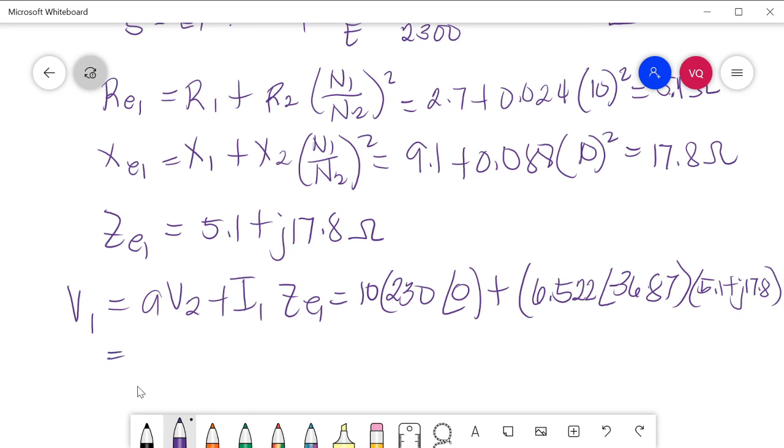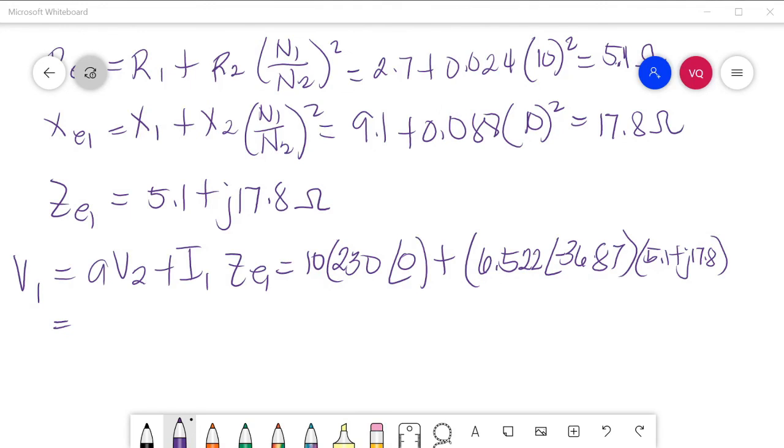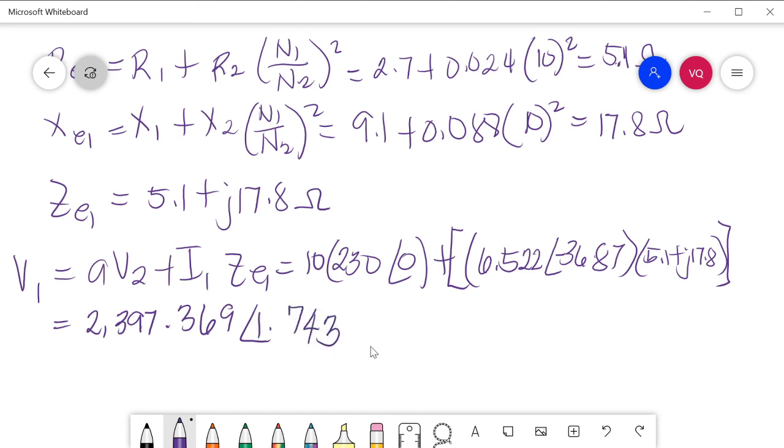So V1 is equal to, lagyan natin ng bracket, 2,397.369, angle 1.743 degrees volts.